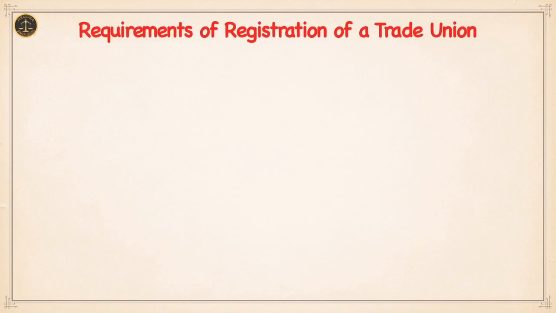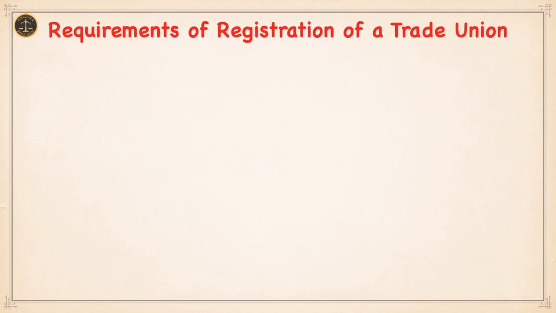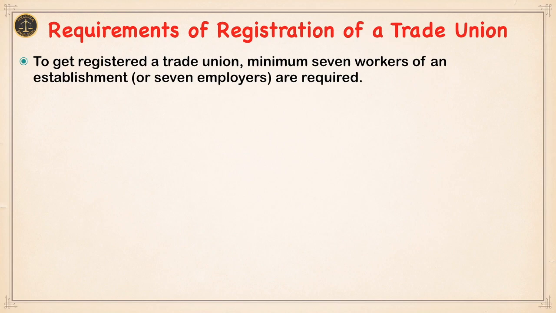Next, the requirements of registration of a trade union. To get a trade union registered, a minimum of 7 workers of an establishment or 7 employers are required.